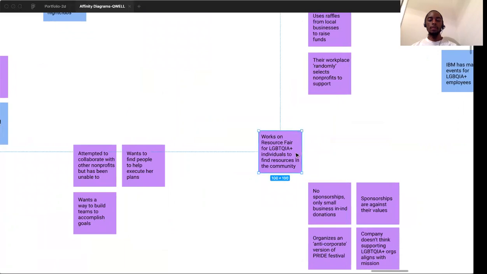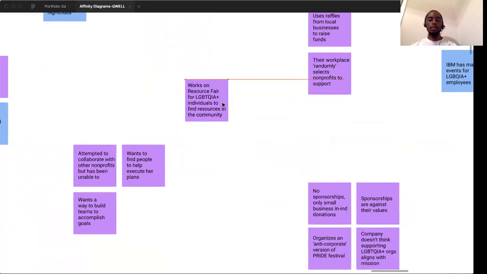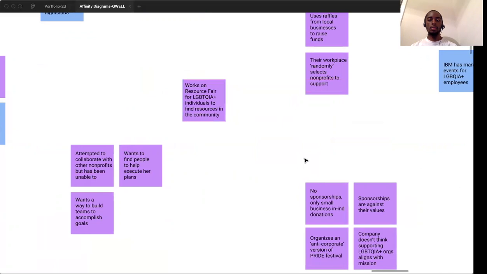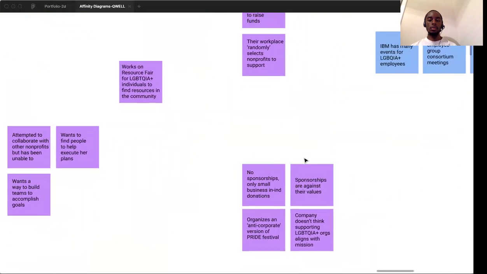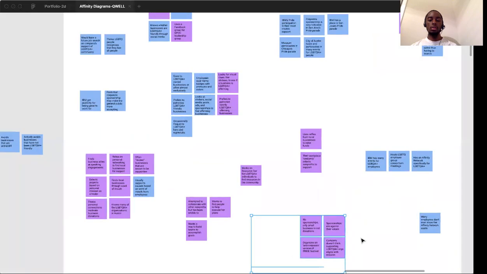Resource fair. Hmm. Yeah, so this is more related to the frustrations one or something like that. I would probably leave this off as well.